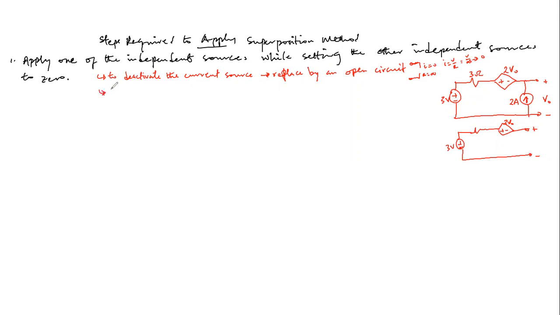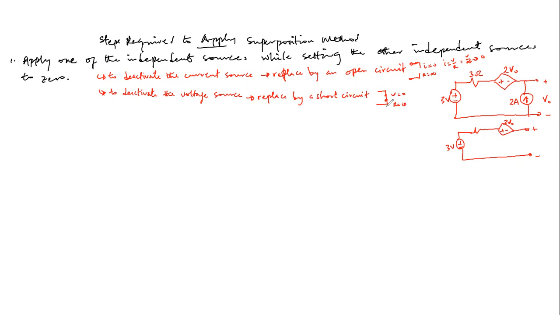Then secondly, to deactivate the voltage source, we replace it by a short circuit. Once we replace it by a short circuit, we say V is the same as 0, because in this case, R is assumed to be 0.